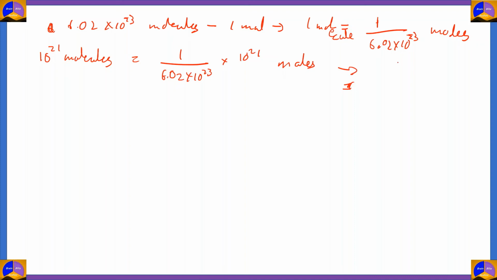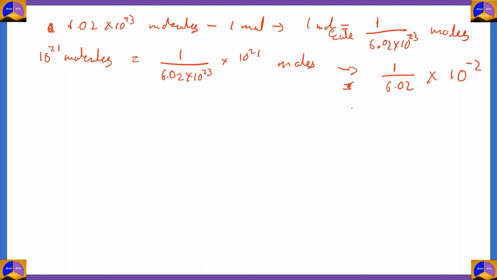So this is a simple calculation. It's basically 1 by 6.02 into 10 raised to 21 minus 23, which gives you minus 2.